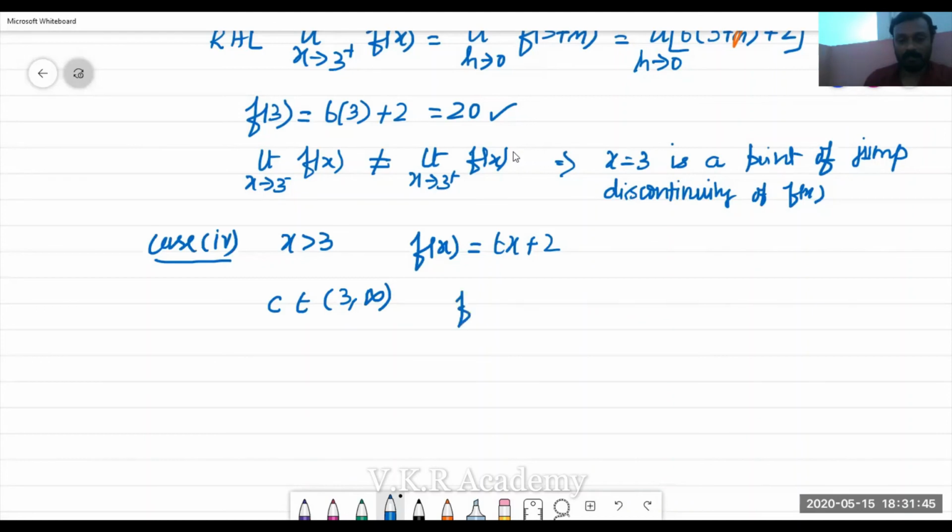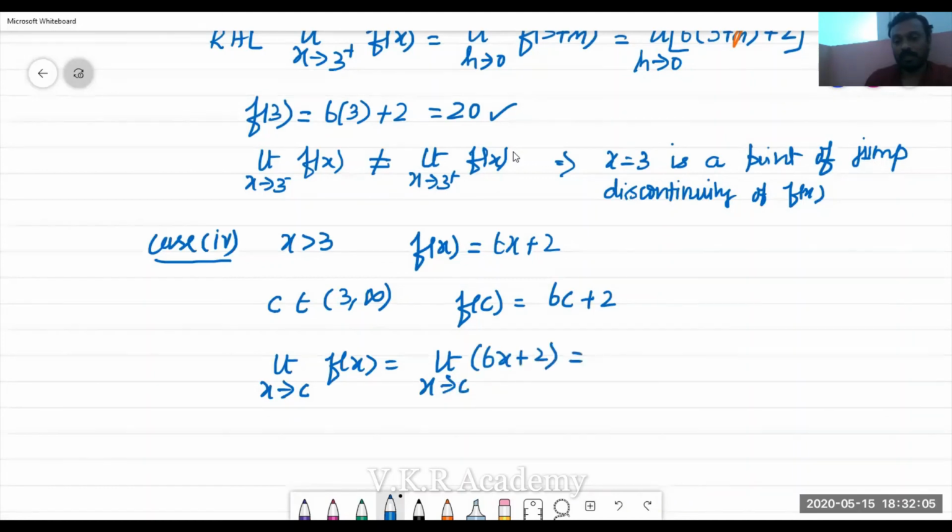Therefore, f of c is equal to 6c plus 2. Also, limit x tends to c, f of x is equal to limit x tends to c of 6x plus 2, that is equal to 6c plus 2.